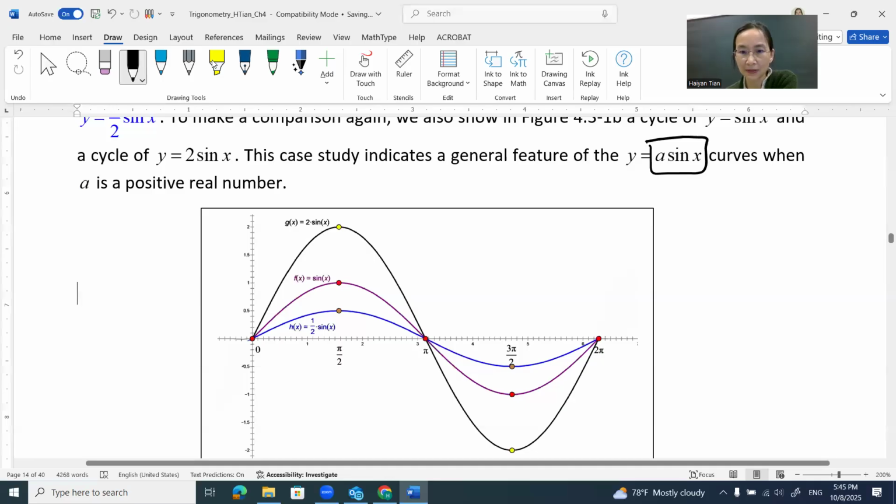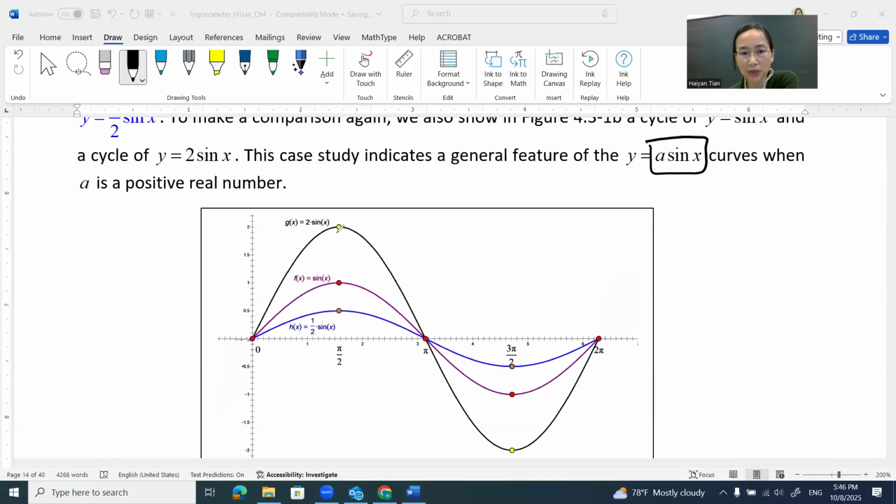When a is bigger than 1, we notice a picture that is stretched vertically. When a is half, less than 1, the amplitude of the curve is smaller.